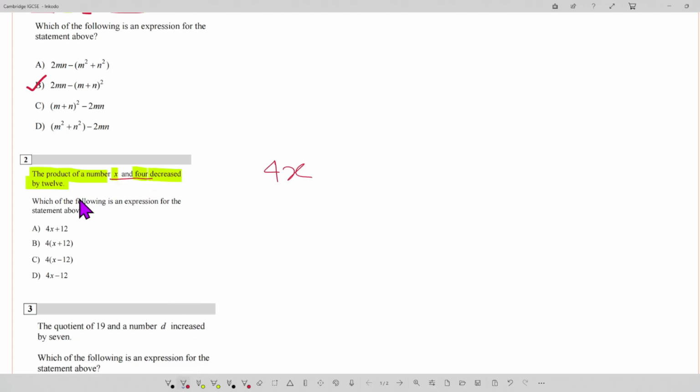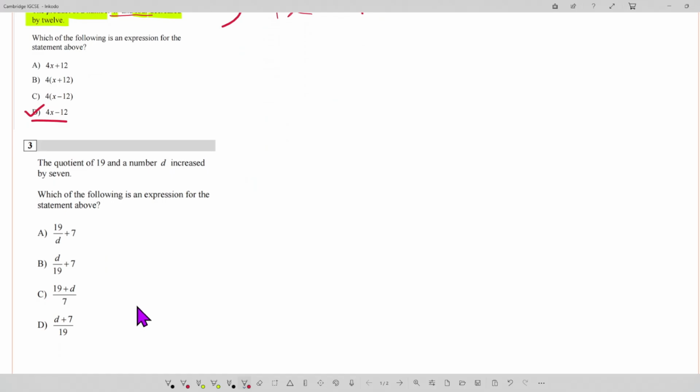It's a product of a number x and 4. Then decreased means subtraction, minus 12. So which one? Number D. 4x minus 12. Okay. This is question 2.